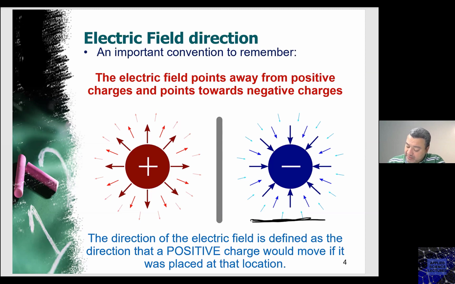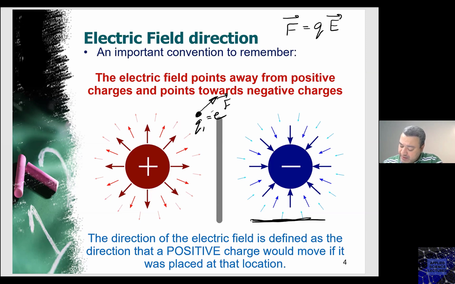As I said earlier, it is very important to understand this. If I bring, let's say, a positive charge here, let's assume that q1 is positive, then the electric field, based on the expression F equals qE, if E is pointing away, then definitely the force exerted on this charge will be pointing away as well.